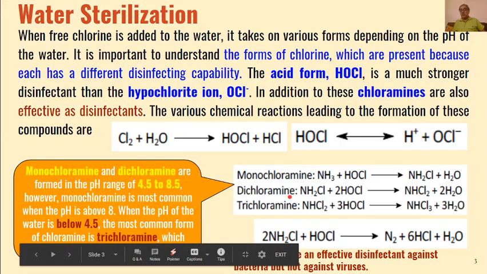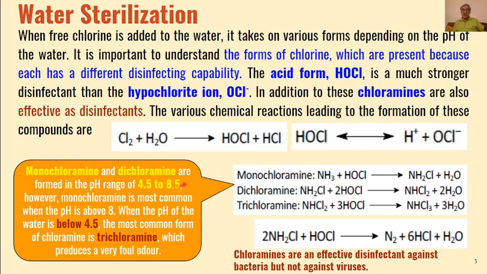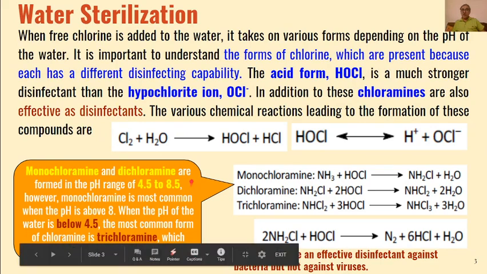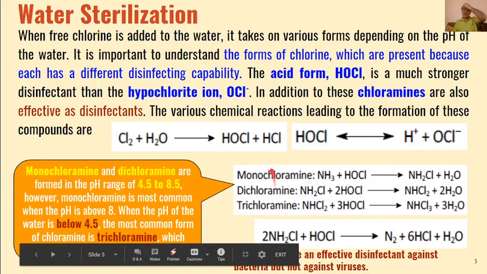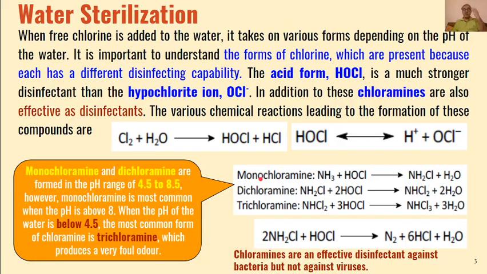So on addition of ammonia, we will get these types of monochloramines, dichloramines, and trichloramines. Monochloramines and dichloramines are formed in the pH range of 4.5 to 8.5. So if our water has this range of pH, in the presence of HOCl and ammonia, we will get the formation of monochloramines and dichloramines.